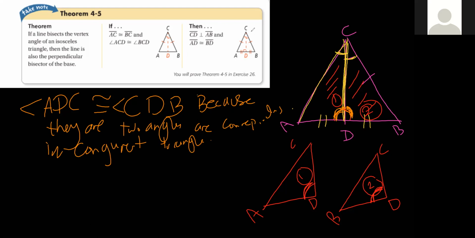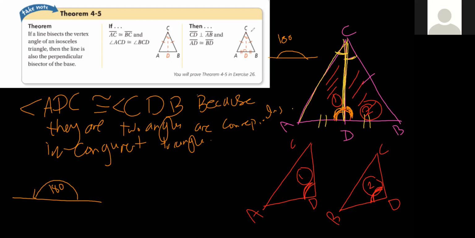Now, do you remember the supplementary angles? That the summation of the angles in a straight line is 180? Yes, teacher. Measure the angle from here to here. Is it 180? Yes.